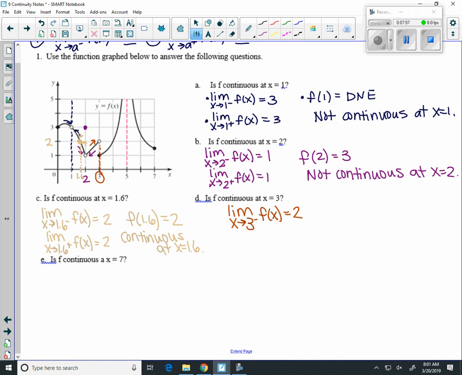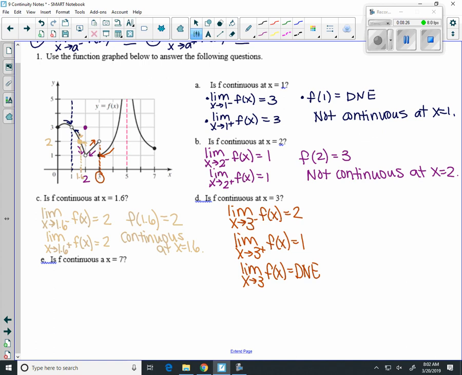From the right, as we approach 3, our graph is going to 1. So this is the first example where that two-sided limit does not exist, because the left hand and the right hand limits don't match.